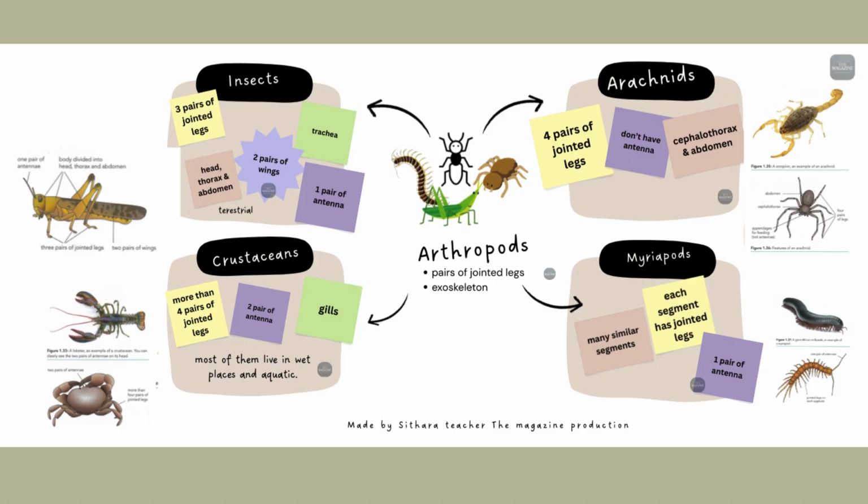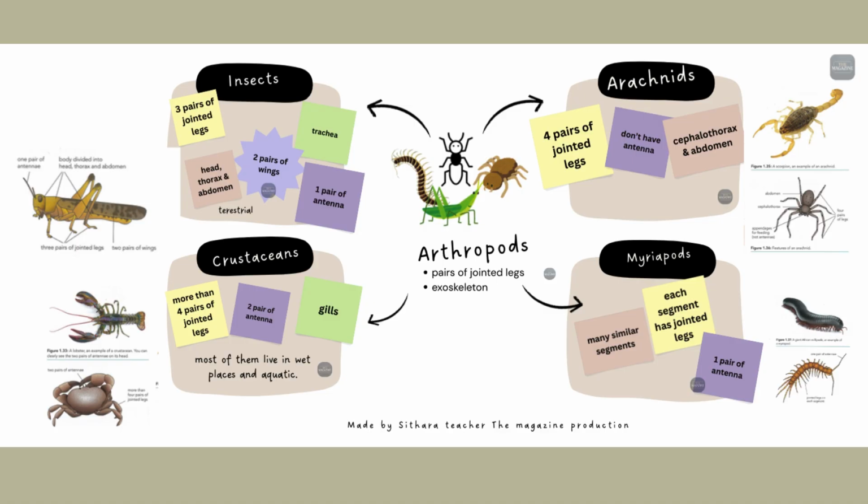Before discussing that, I will explain who arthropods are and why they are categorized like that. Arthropods have pairs of jointed legs and an exoskeleton. So if they have an exoskeleton or jointed pairs of legs, we can categorize them under arthropods.